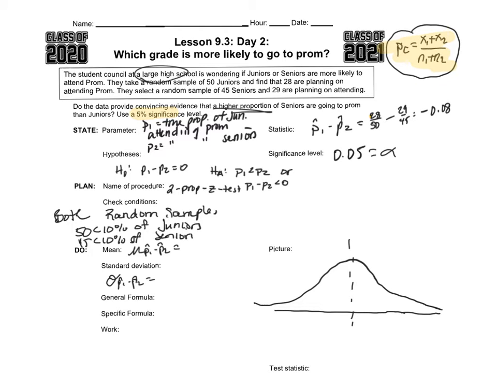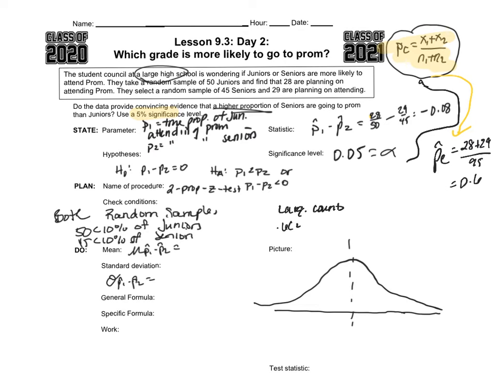So, p_c, x1 is 28 plus 29 over 95, which is equal to 0.6. So when we test the normal or large counts, we're going to do 0.6 times 45 and 0.4 times 45.